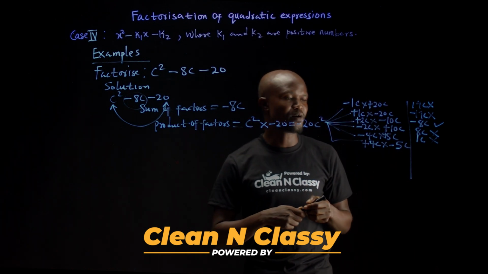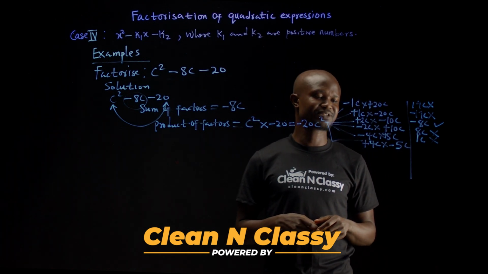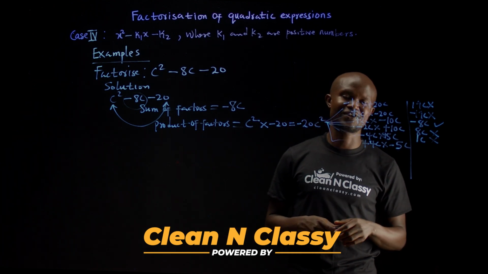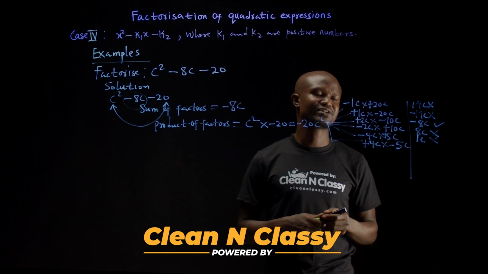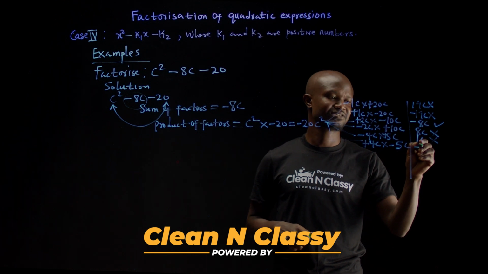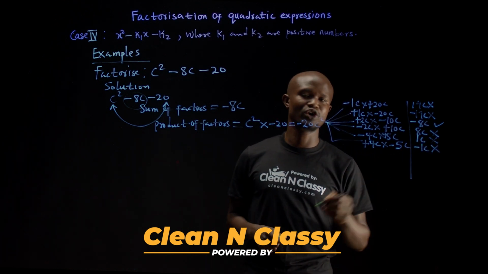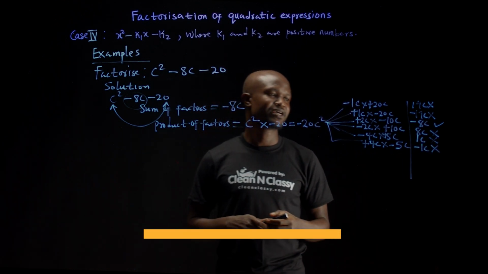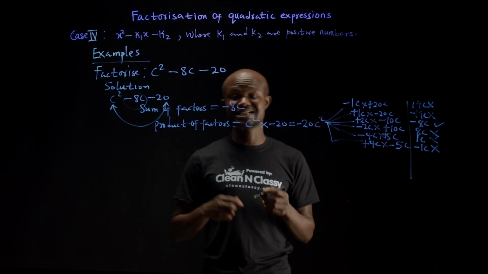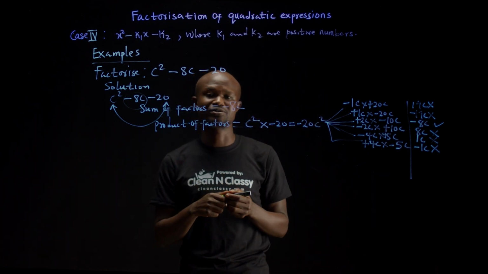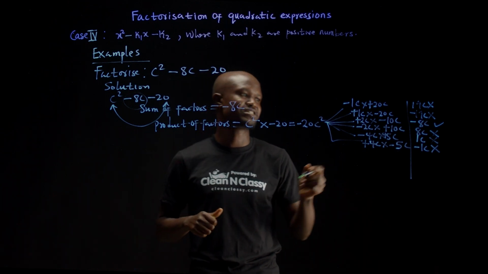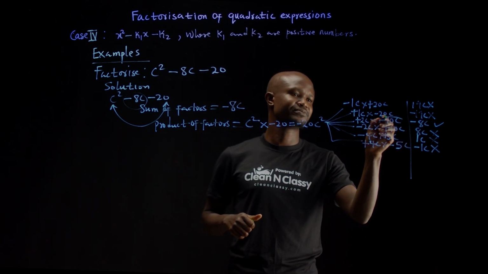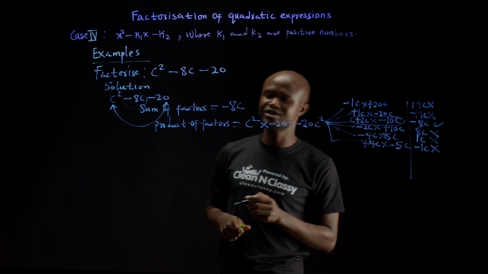Plus 4 minus 5 is 4 minus 5, so that is minus 1c. So the only set of values that satisfies the sum condition, which is minus 8c, is the third one. So we are using these two values.